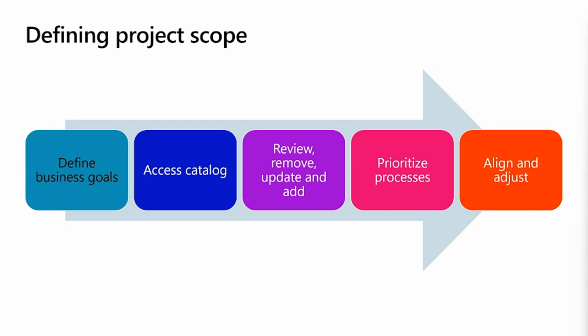Next, you'll need to provide access to the business process catalog to all of the relevant stakeholders involved in the project, including business users, project managers, and your technical teams.